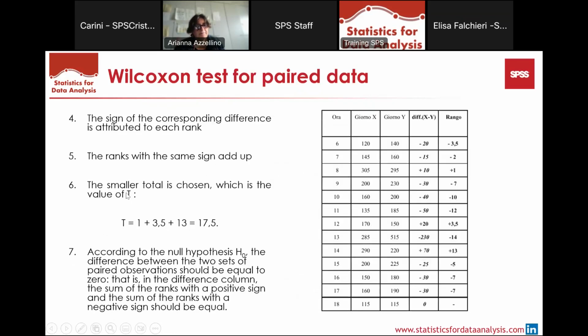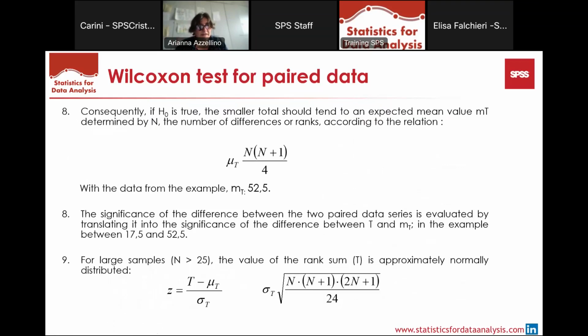And again, there is a statistic here that is the Wilcoxon capital T, which sums the ranks having the same sign. So if the two groups are more or less the same, this T will tend to an average value of T, which can be estimated just looking at the number of observations I have in my data set.